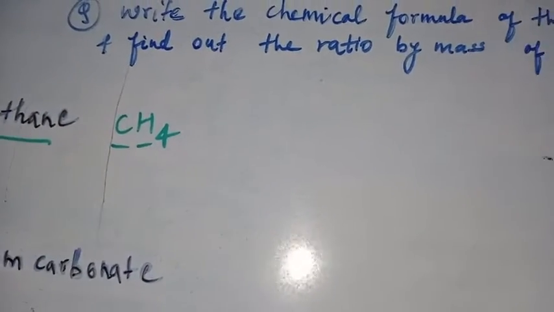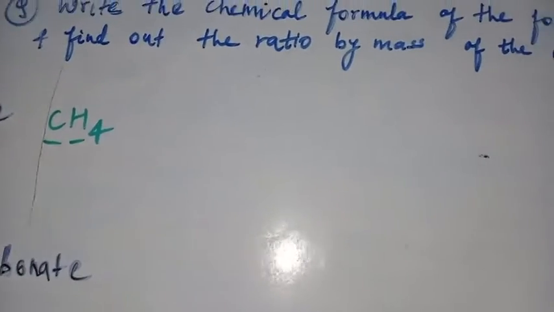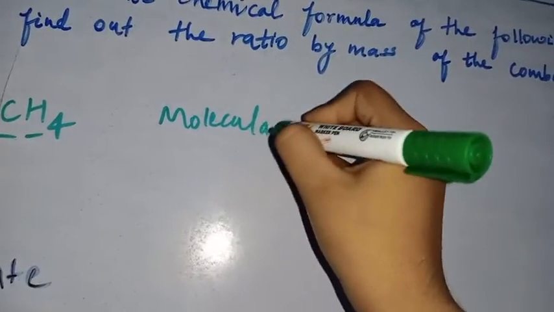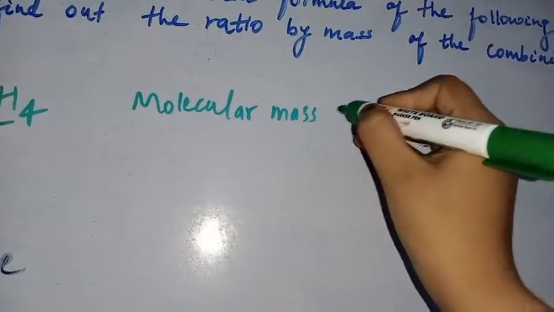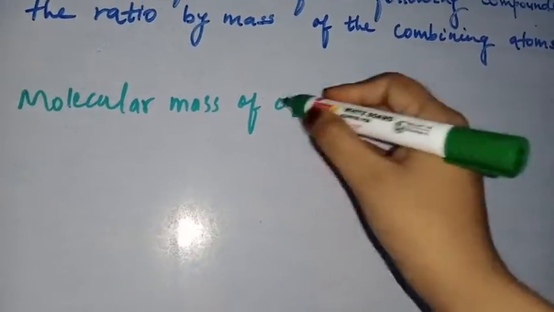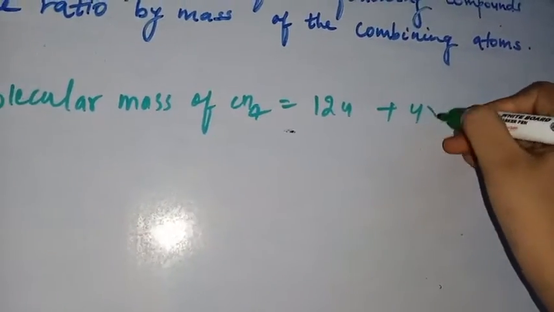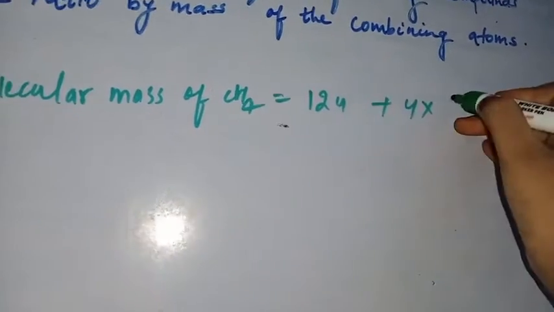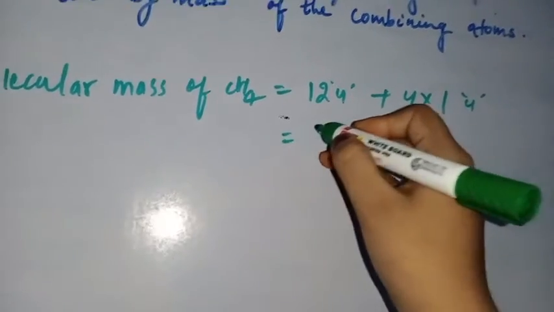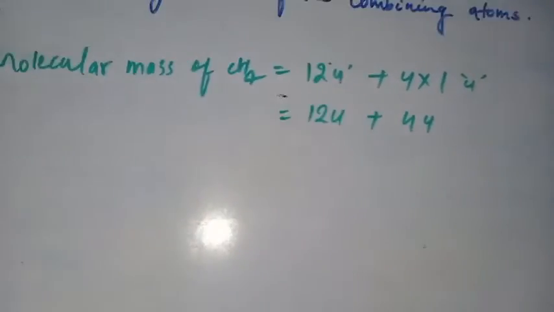Okay. To get the ratio by mass, we have to write the molecular mass of methane. Molecular mass of methane is atomic mass of carbon, that is 12 u, plus 4 into atomic mass of hydrogen, that is 1 u. So we get 12 u plus 4 u.